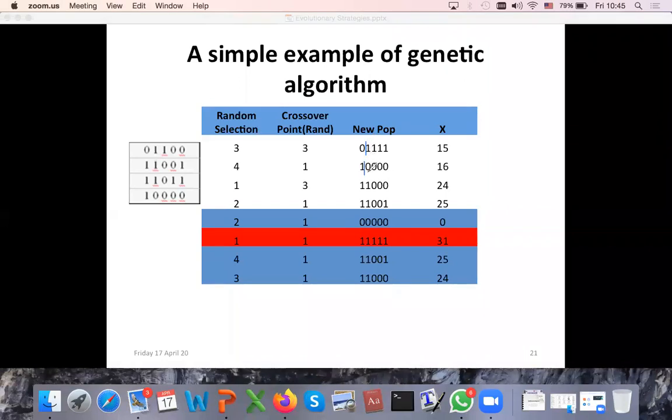For these two members, just replace this tail here and this tail down here. Then the second member will become 31, which we needed, and the first one will become all zeros.